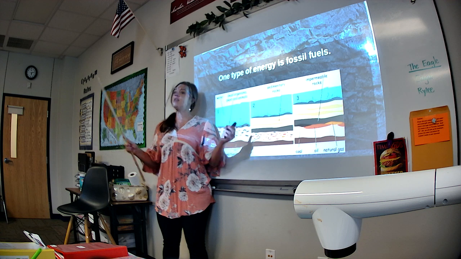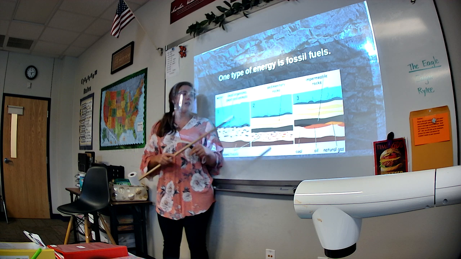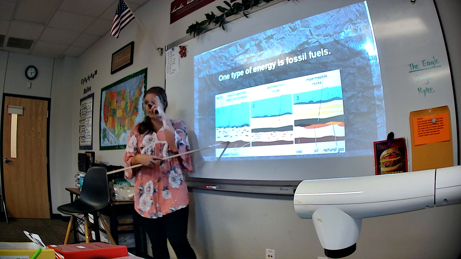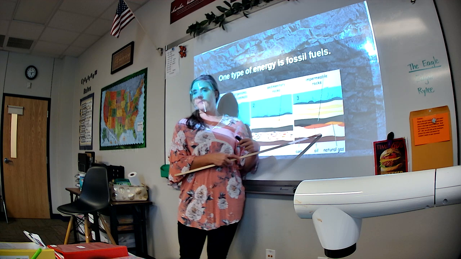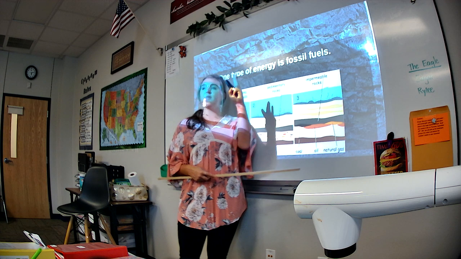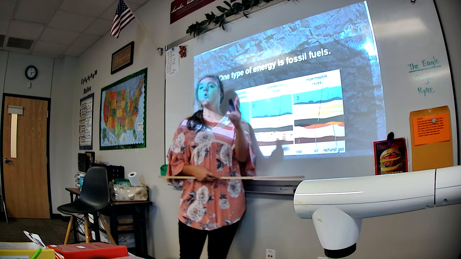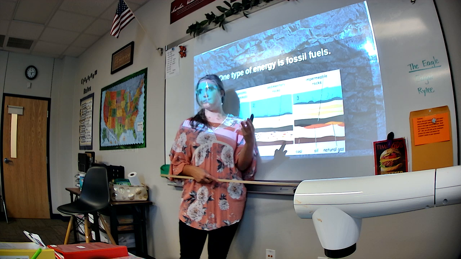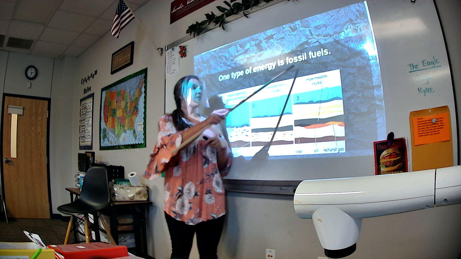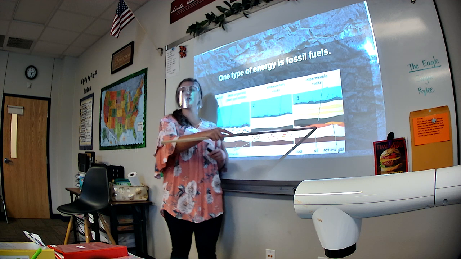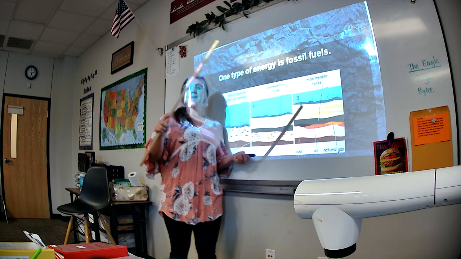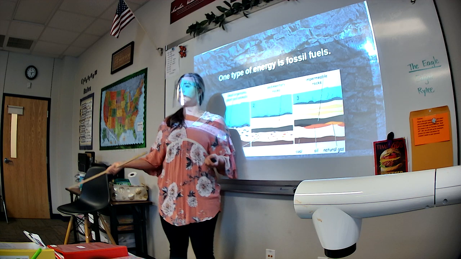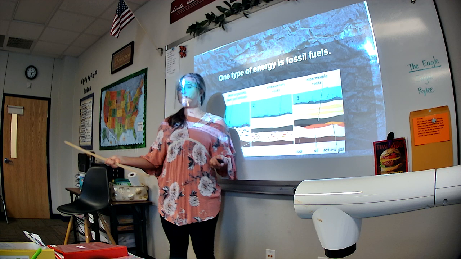If those conditions are just right, that remaining carbon can be turned into a fossil fuel. It will form one of three things: coal, oil, or natural gas. If we then dig a hole down into the earth and pull up this coal, oil, or natural gas, we can burn that to create energy. You see what I mean?